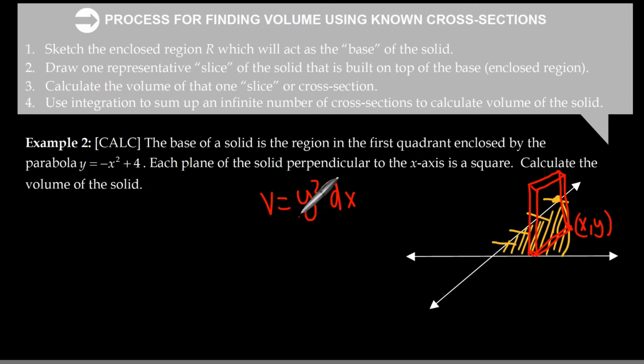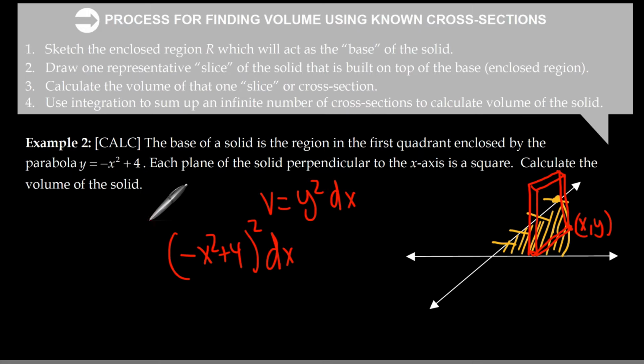Now, you can't have the volume with two letters. So if it has a thickness of dx, then you need to have everything in terms of x's. So what is y? Y is negative x squared plus 4. So I'm going to replace this with negative x squared plus 4. That's my y. I'm going to square that and then multiply that times dx in order to make it volume.